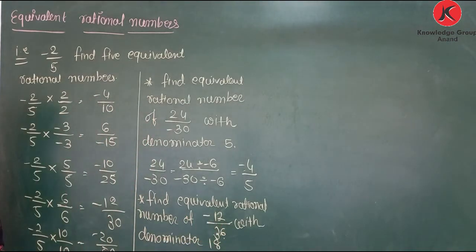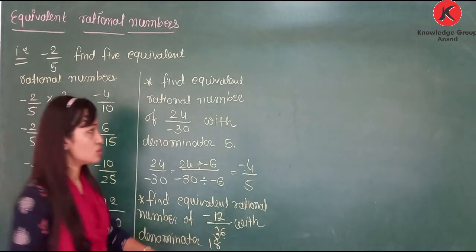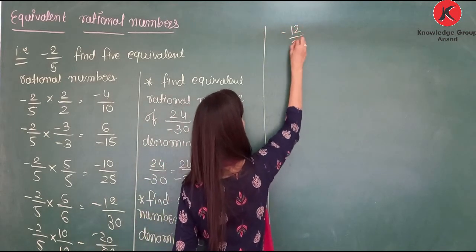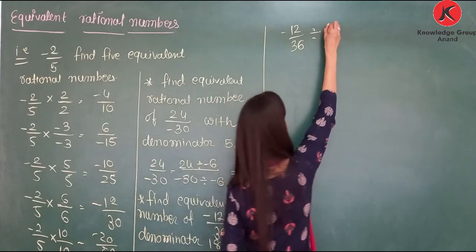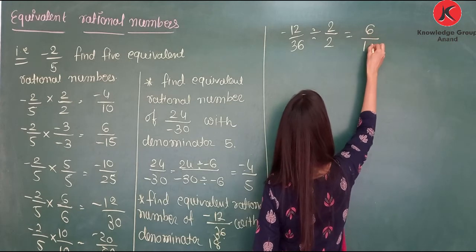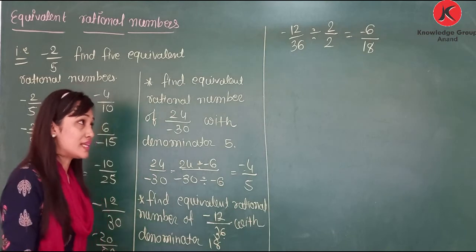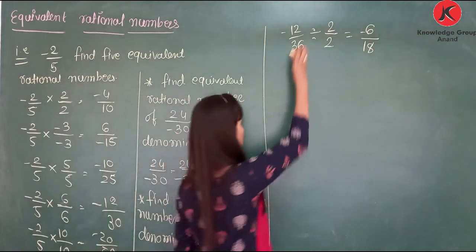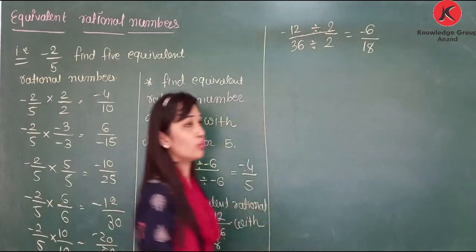So how can we make the denominator 18? If we divide 36 by 2, so we can write here minus 12 by 36 is our rational number. Divide by 2 in the denominator, the same number we should divide in the numerator, so we get minus 6 by 18. So this way we can find the equivalent rational number of a given rational number by dividing with the same number or multiplying it with the same number.